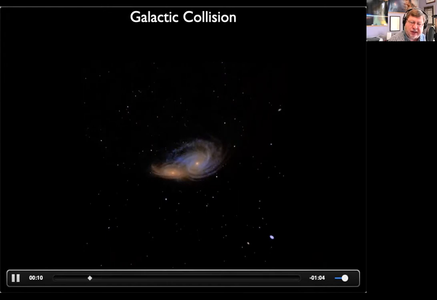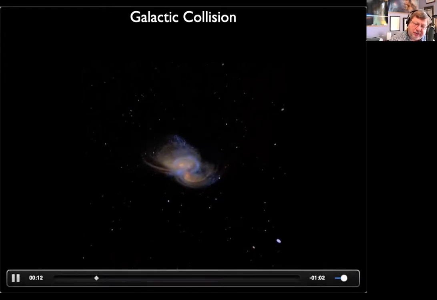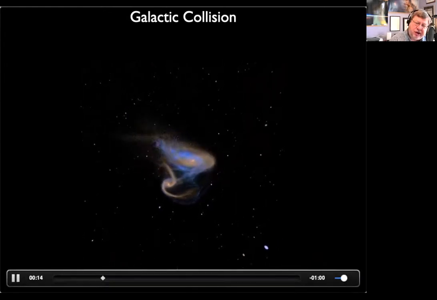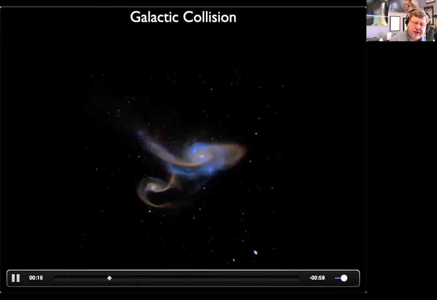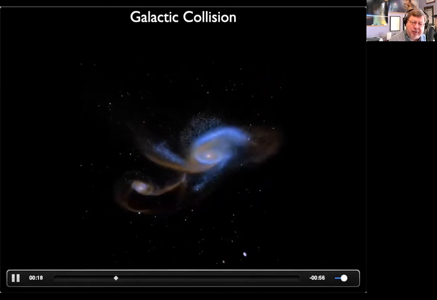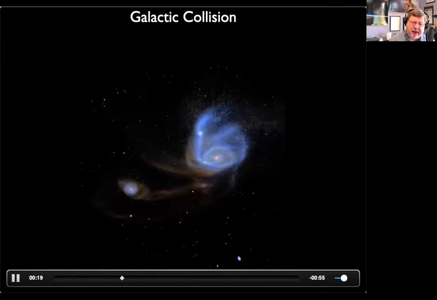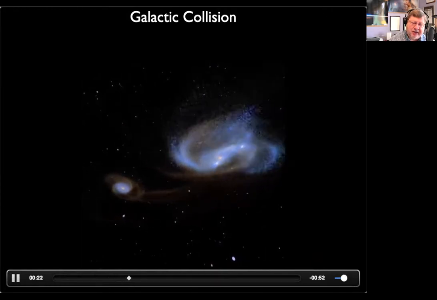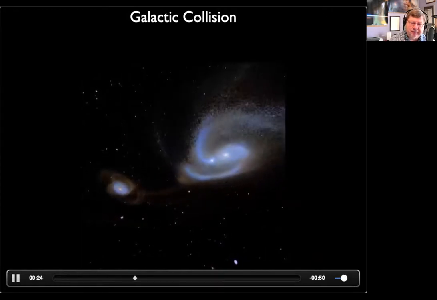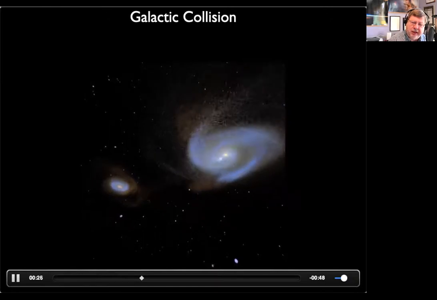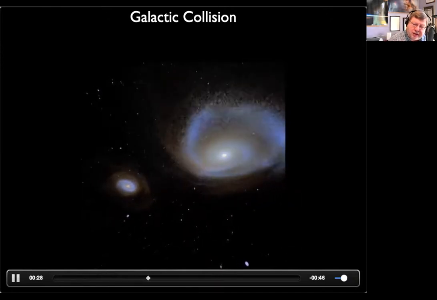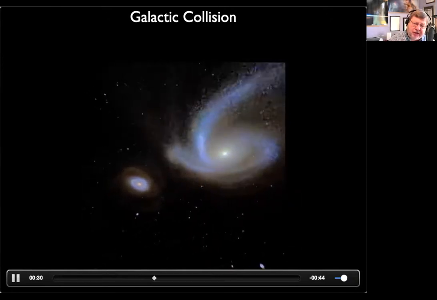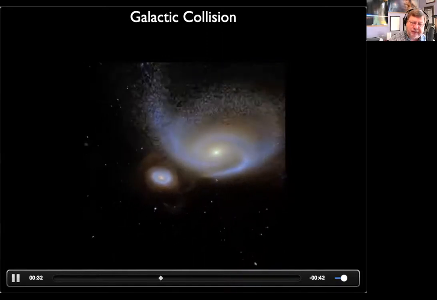Two galaxies colliding, and you can see as the two spiral galaxies collide, we see all the blue, that's the star formation. And the blue, of course, are the really big OB stars that are so bright. And now you can see that there were two nuclei, but then those two nuclei combined.